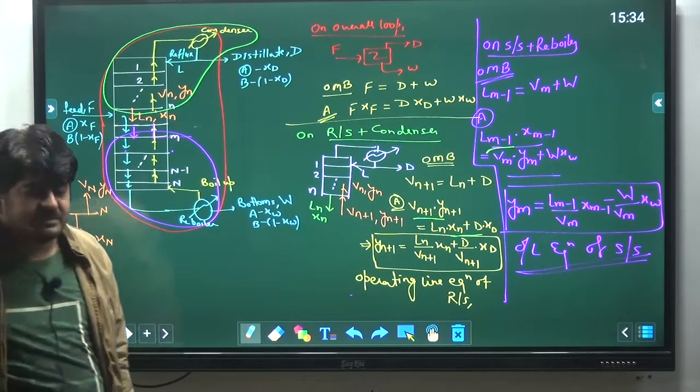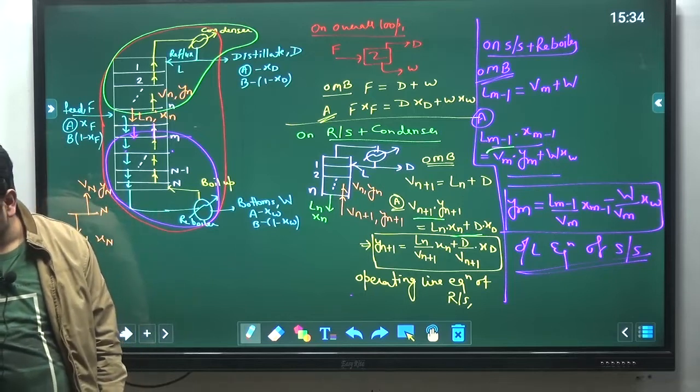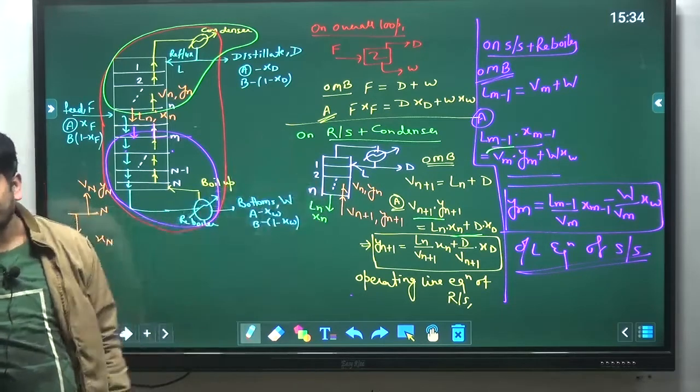In SI system obviously, what will be the units for each and every mole balance equation?